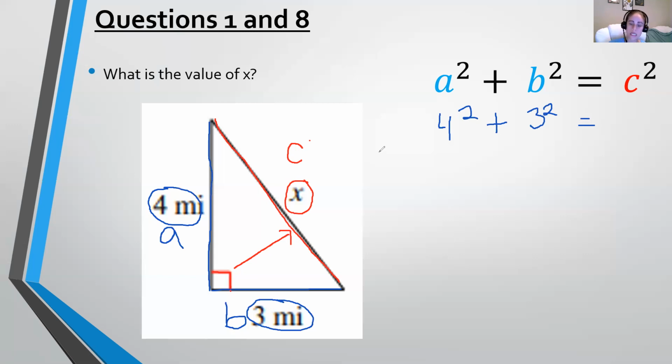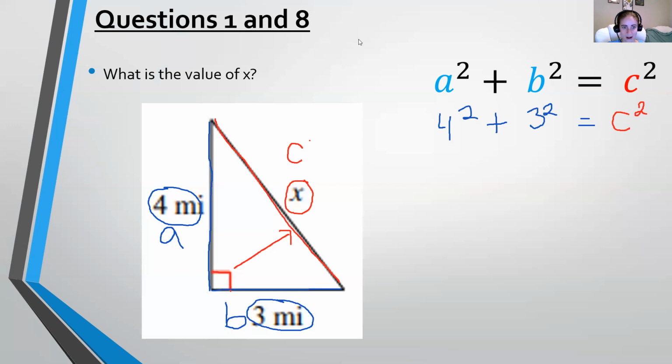Once again, you can either use C squared, or since it's asking you to find the value of x, you can use x squared. Doesn't really matter. Last time I used x, this time I'll use C squared. All right, next step is to simplify. So follow that order of operations. What's the first thing we need to do?